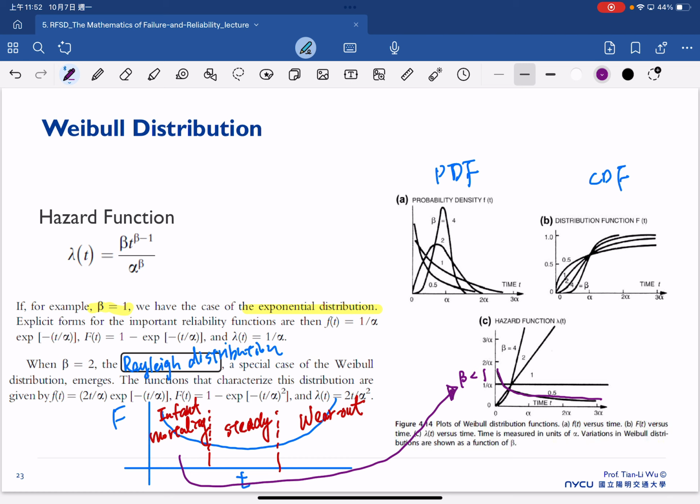If beta is equal to 1, that can be used for the steady phase. And if beta is larger than 1, we can use it for wear out. So this is the Hazard function.